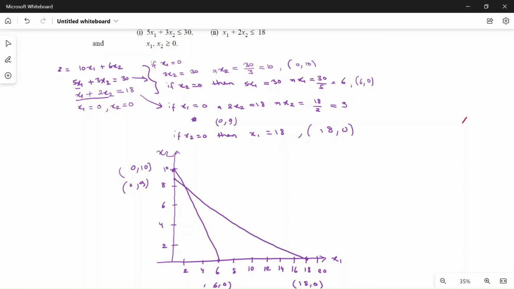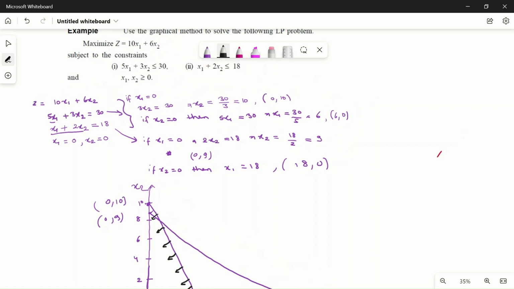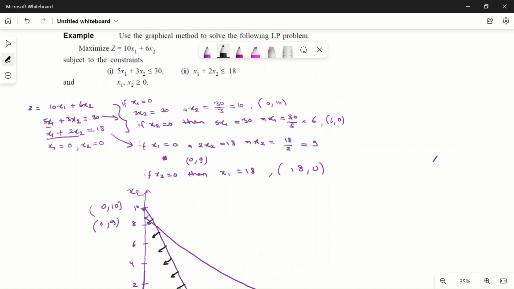So what are the inequalities? 5x1 plus 3x2 is less than or equal to 30, so it will be this side. We will mark it with a different color. And the second one is x1 plus 2x2 is less than or equal to 18.